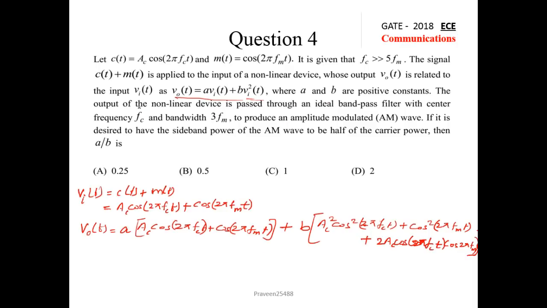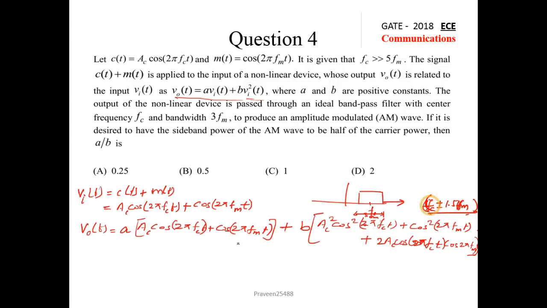Now this output is passed through an ideal band pass filter with center frequency Fc and bandwidth 3 FM. So if we draw the characteristic of a band pass filter, it is given that there is a center frequency Fc and bandwidth is 3 FM. It means that only those terms will be passed which have the frequency Fc plus minus 1.5 FM, right?